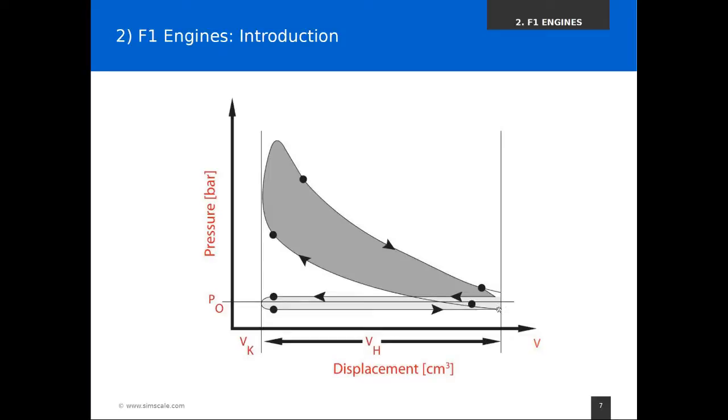I just briefly mentioned something about work. This graph nicely represents the work. So where now exactly is this tiny piece of work that we get released in every turn of the engine? Well, it's this dark gray area, because the energy being released during the expansion is everything that is below this curve. But we must not forget that there is some energy that we need to put into the process in order to compress the gas.